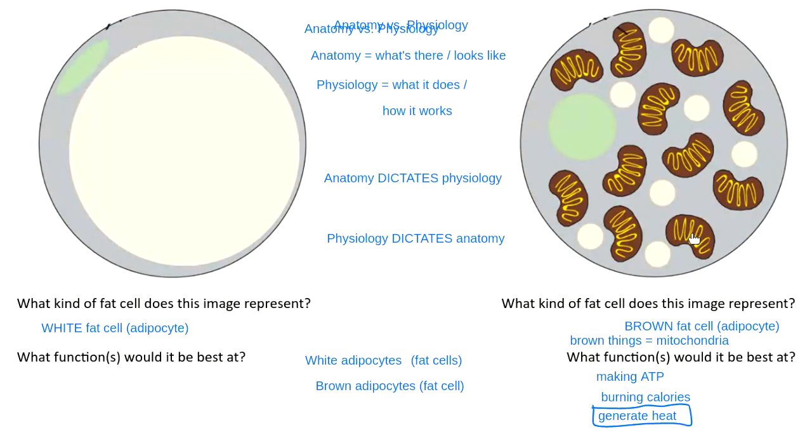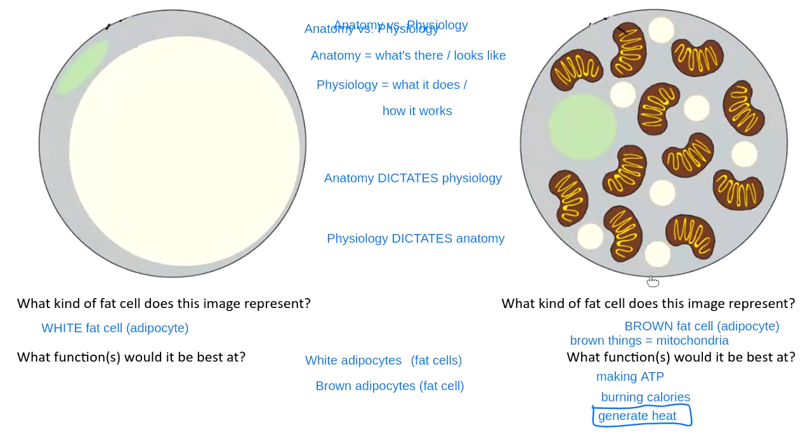But what must also be true based on their job and based on their appearance is that mitochondria must also make heat when they're doing their job, because this cell has a whole bunch of mitochondria and its job is to make heat.